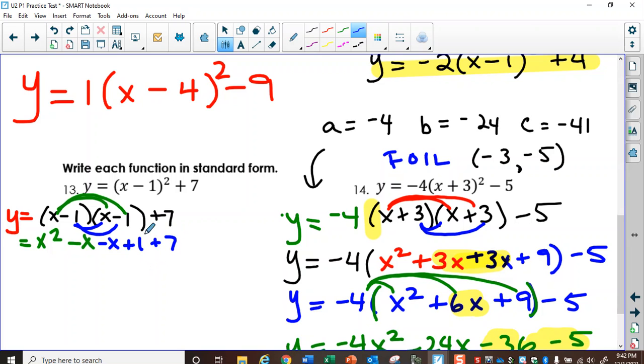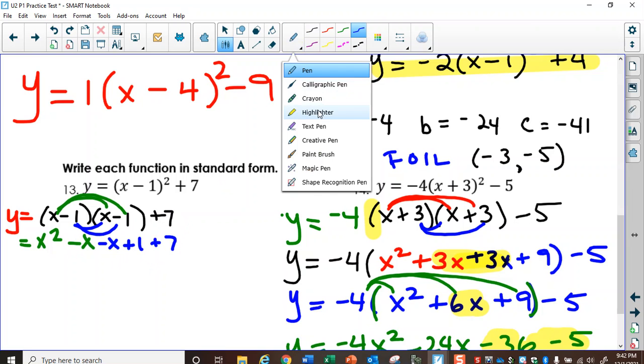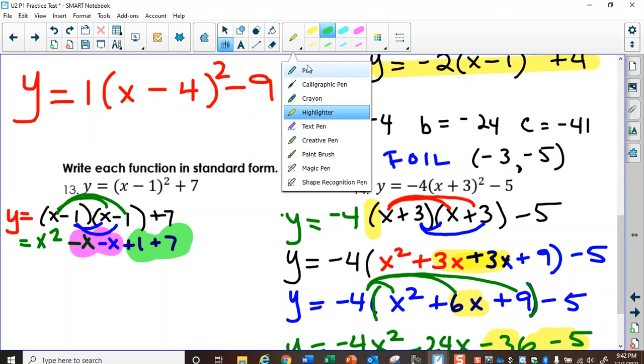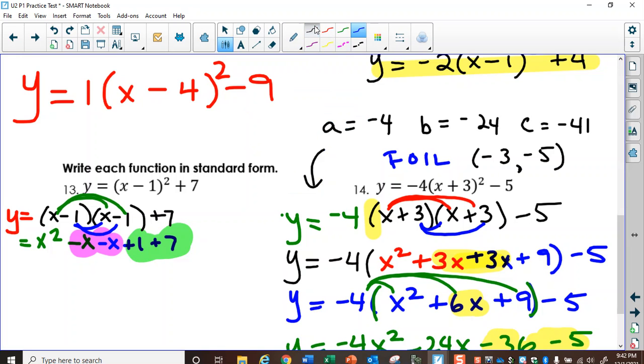All right, and then now I'm going to combine my like terms here. All right, these are like terms, negative x, right? And then I've got my 1 and my 7 that I can add together. So that gives me, my final answer here is going to be y equals, that's the only thing I have for x squared, so I'll just bring down my x squared.